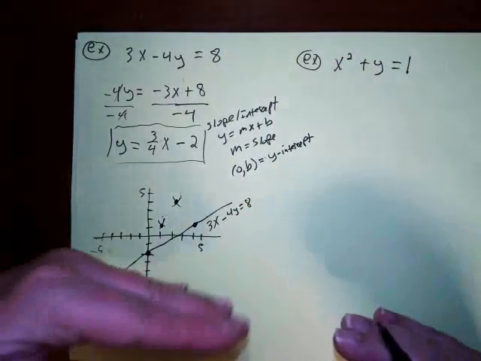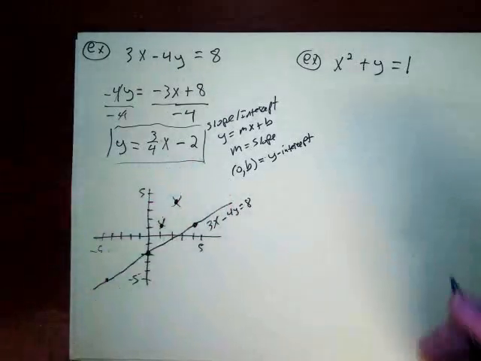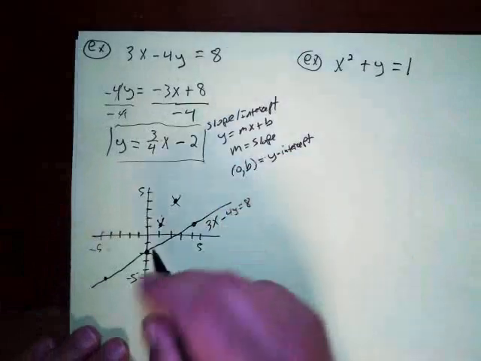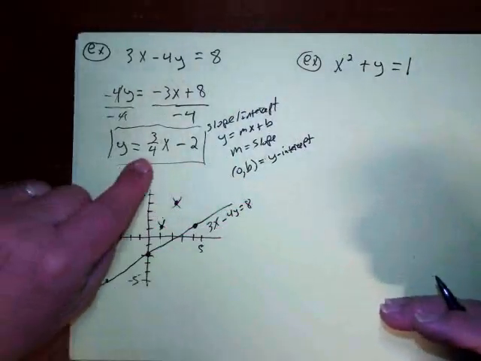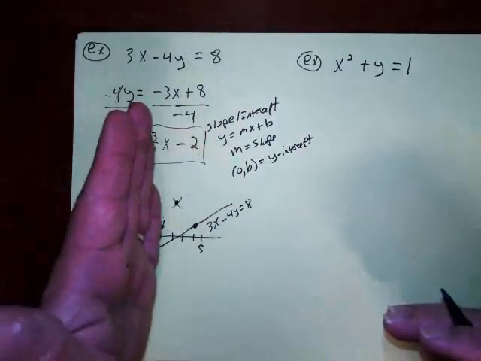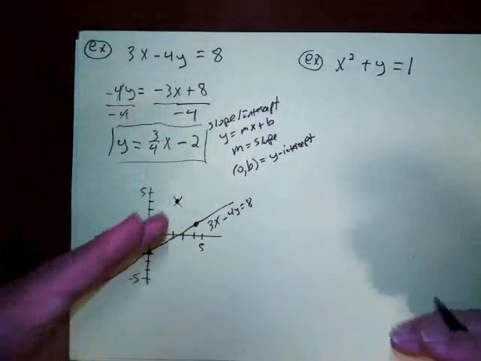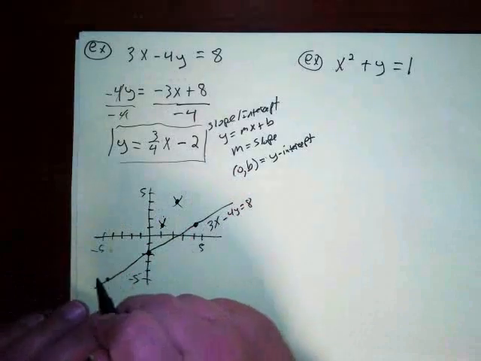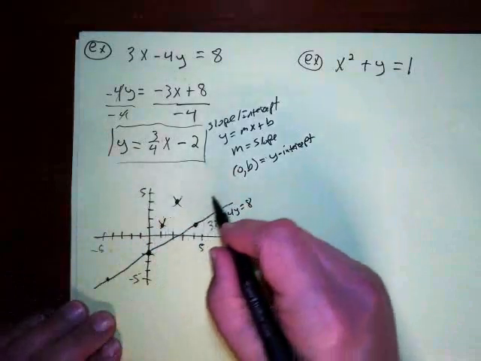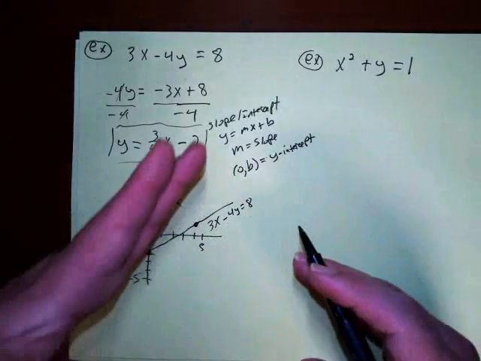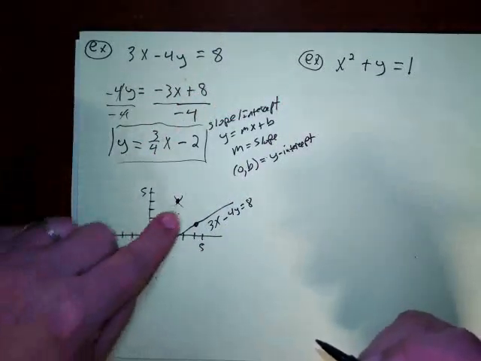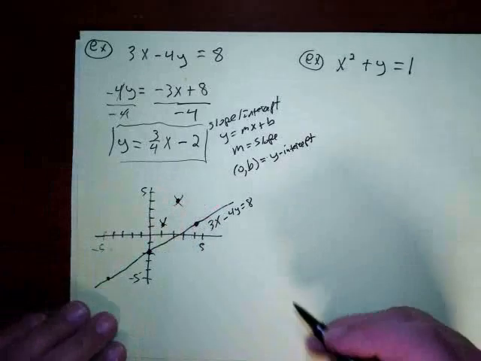The slope of the line tells you how that line's tilted. If the slope is positive, it's rising up, and the bigger the slope, the more it's tilted. A slope of 1 is where you go up 1 over 1, so if the scales are the same, you get a line that splits the quadrant in half with a 45-degree angle.